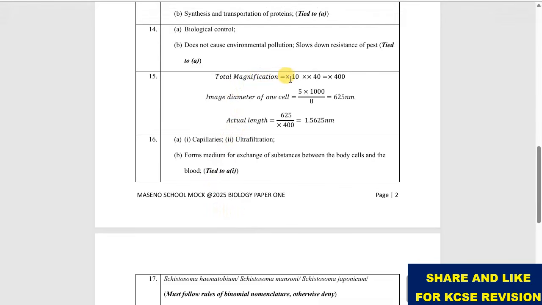Magnification is equal to 10 times 40, that's 400. Image diameter of the cell is 5 times 1000 divided by 8. Actual length is equal to 1.5625 millimeters. I don't know the nm.